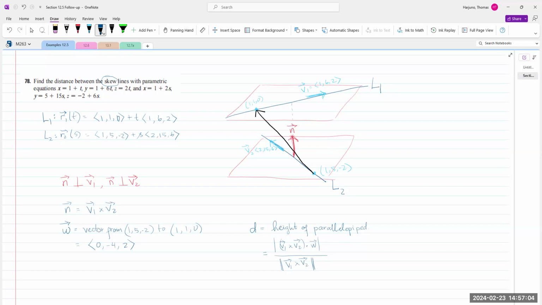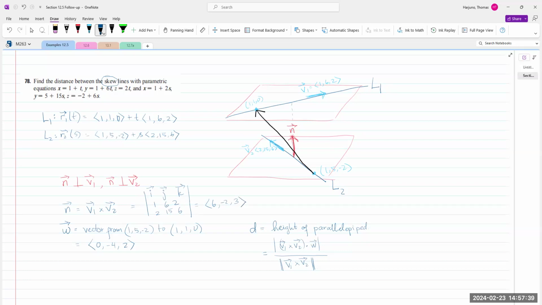Okay, so I still need to compute that v1 cross v2. So this is i, j, k. The v1 is 1, 6, 2, and then the v2 is 2, 15, 6, which will give us 36 minus 30, that's 6. 6 minus 4, that's 2, becomes negative 2 for the second component. 15 minus 12, that's 3.